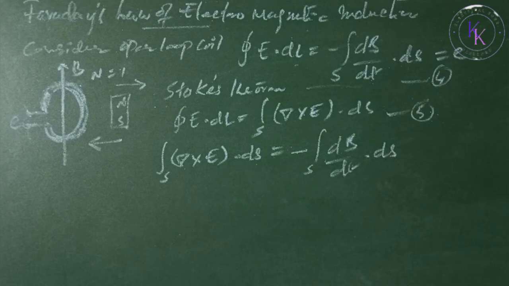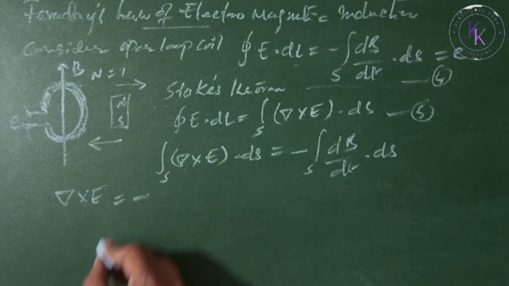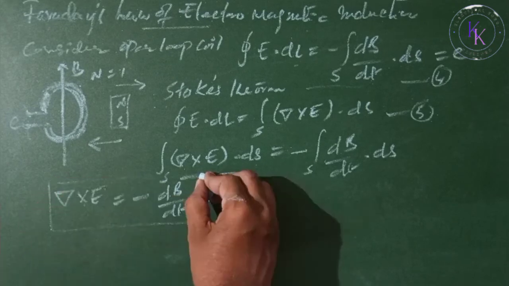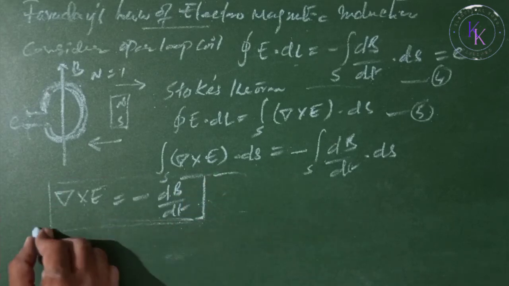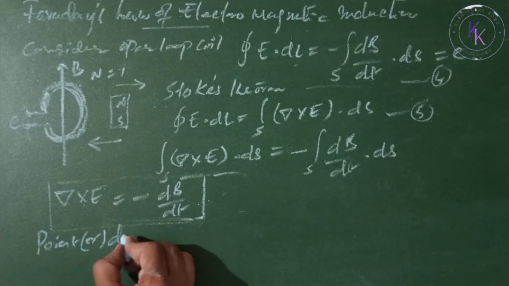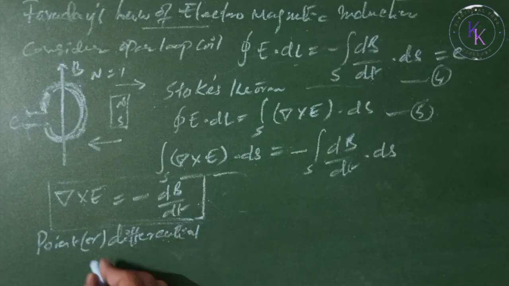The surface integrals on both sides may be taken over an identical surface, then we can write del cross E equals minus dB by dt. This relation is known as the point or differential form of Maxwell's equation.